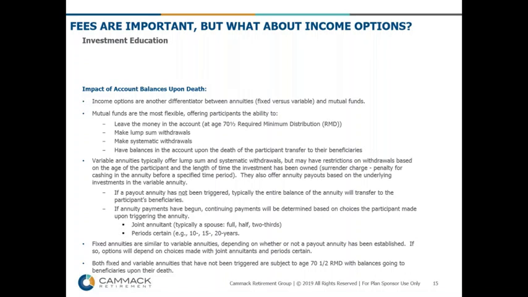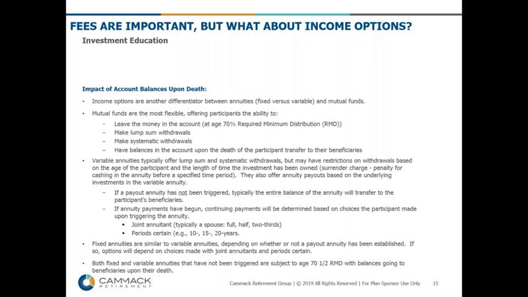Period certain, this is a term that's used for beneficiaries. So a married couple may have a husband and a wife, and they do a joint annuity. And then people say, but what happens if, 2 years into retirement, we're hit by a bus? What happens to all the money that we paid in?